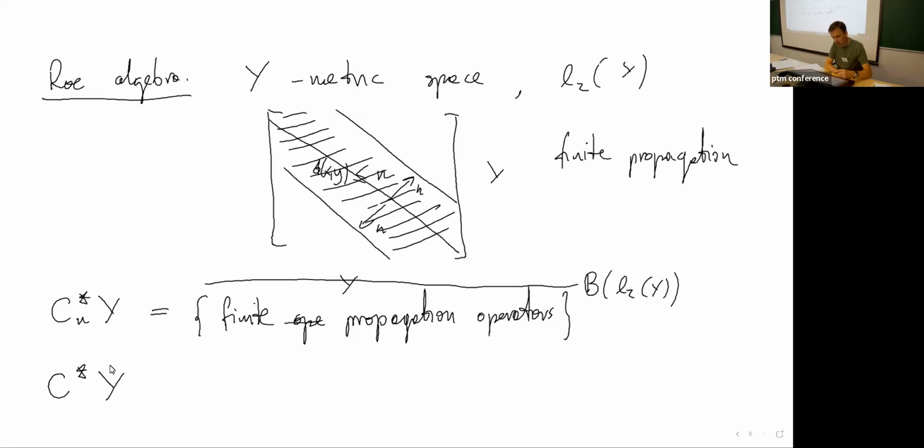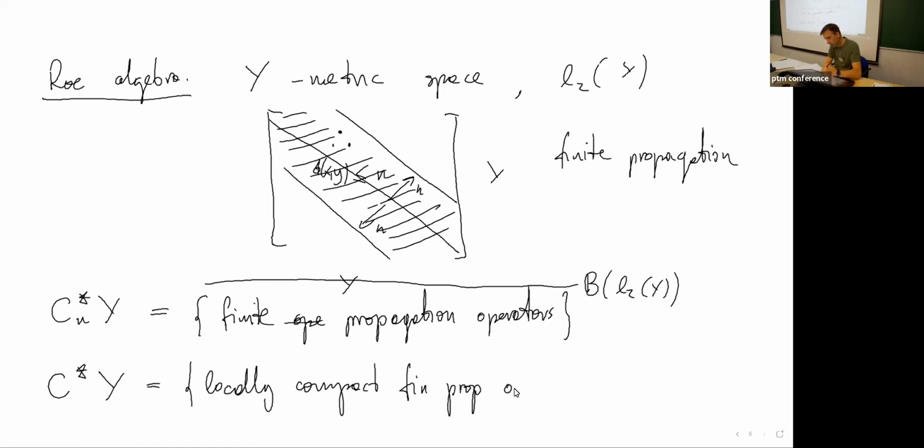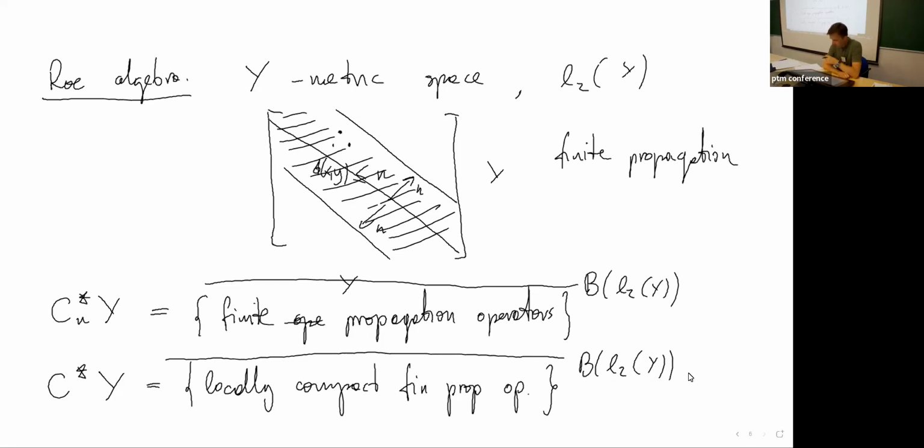C star Y is a variant of this construction where instead of numbers as coefficients, I can have locally compact operators on some other Hilbert space. So these are locally compact finite propagation operators. This is a very natural C-star algebra that's very useful in all sorts of metric settings.